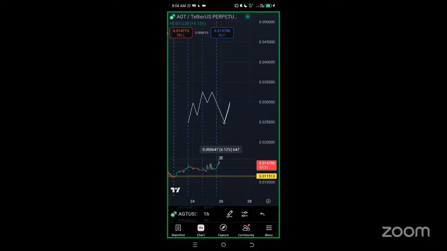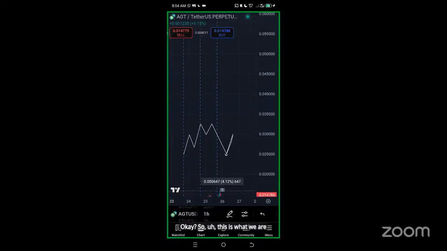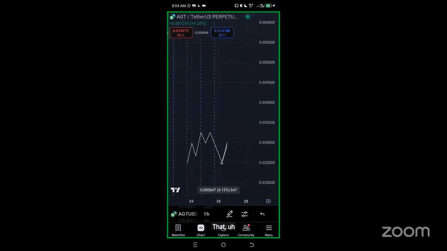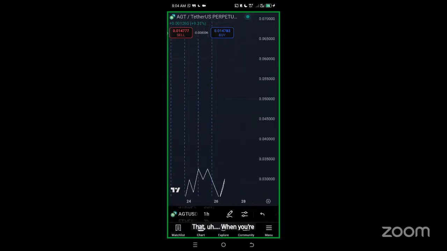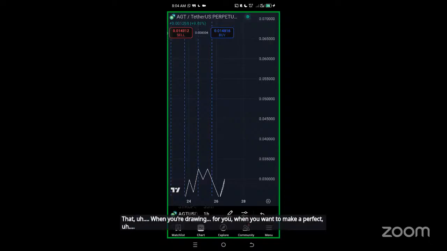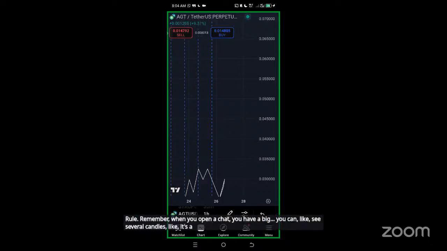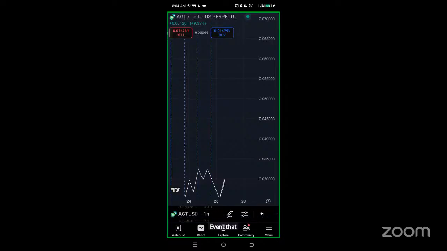Okay, so this is what we're saying. When you want to make a perfect analysis on the chart, when you open your chart, you need to follow this rule. Remember, when you open a chart, you can see several candles, a big picture that exposes almost an entire event that happened for a long time.